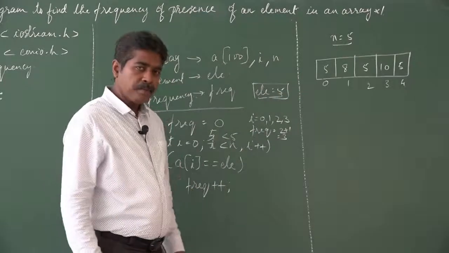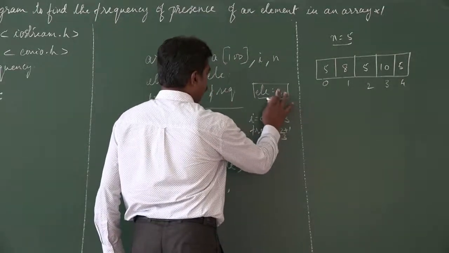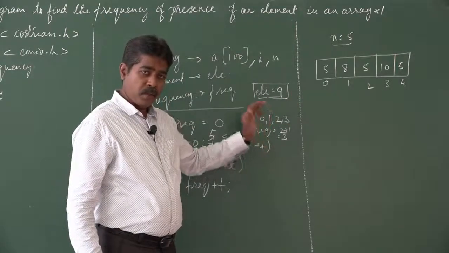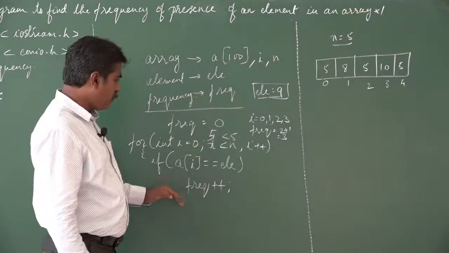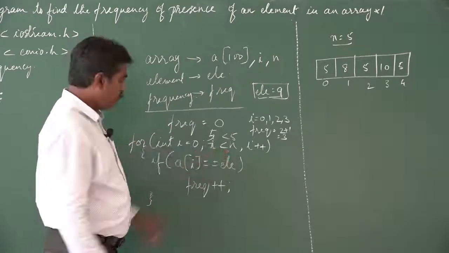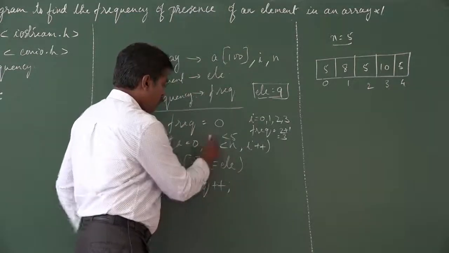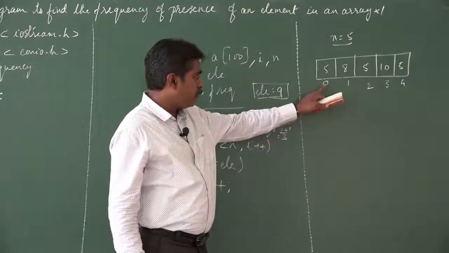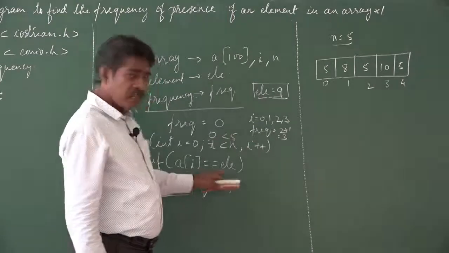Otherwise, if this ELE is something like 9, is 9 found? There is no 9. So when we take the same logic, the same code, frequency equals 0, I equals 0, 0 less than 5, then A of 0 is 5, compared with ELE, which we have taken as 9. It doesn't match.